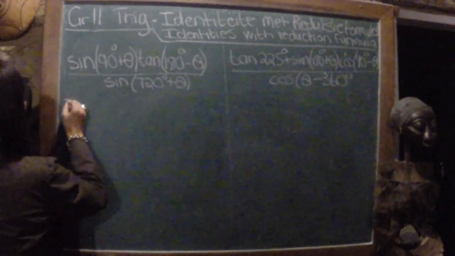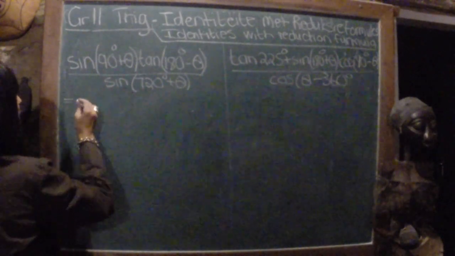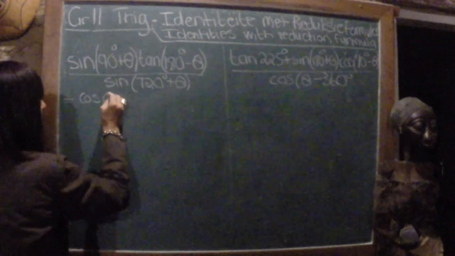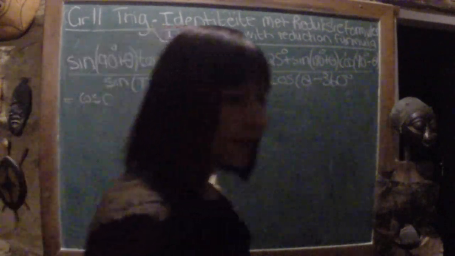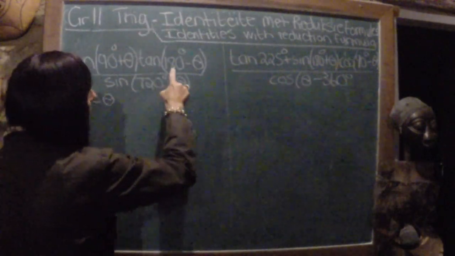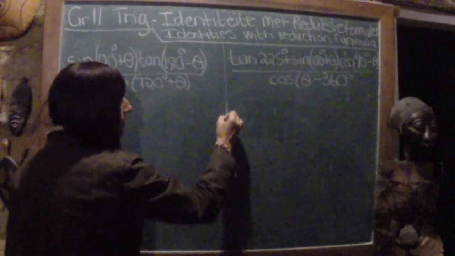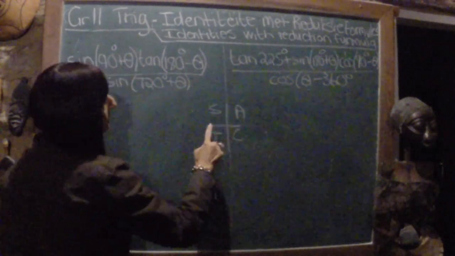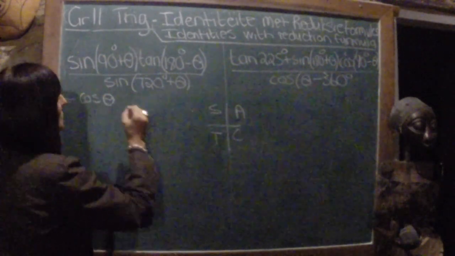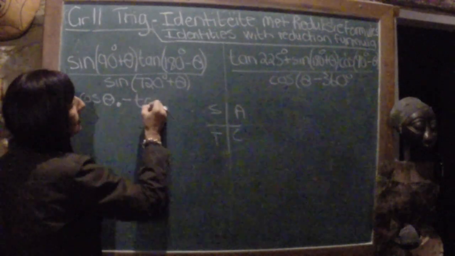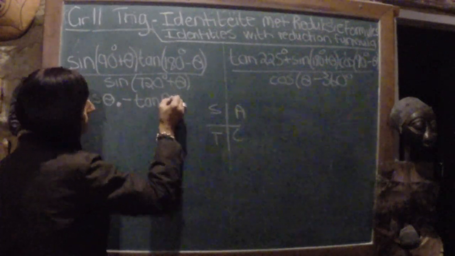So ons weet dat die co-funksie van sin 90 plus theta is gelyk aan die cos van theta. Die tan van 180 min, as ons gaan kyk na ons kaasdiagram, 180 min is net sin positief, so dis maal minus tan van theta.